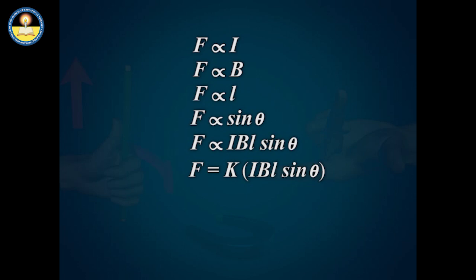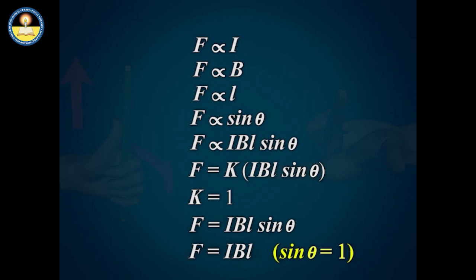Experimentally, it has been found that the proportionality constant is 1 for SI units, and the magnitude of the maximum force experienced by the current-carrying conductor placed in a uniform external magnetic field is the product of the strength of the electric current, strength of the magnetic field, and the length of the conductor within the magnetic field.